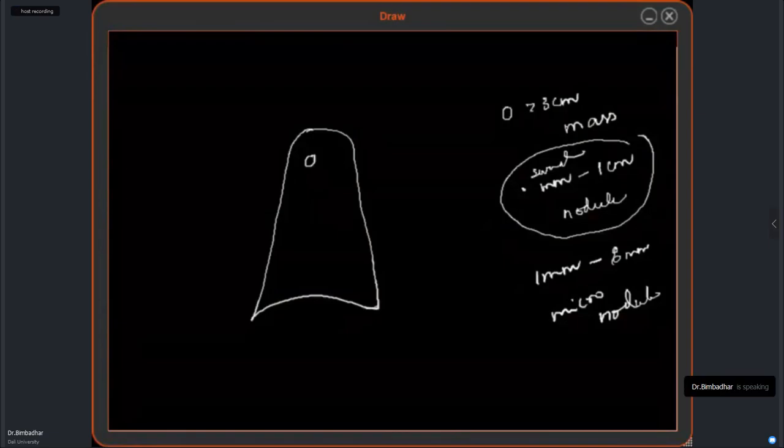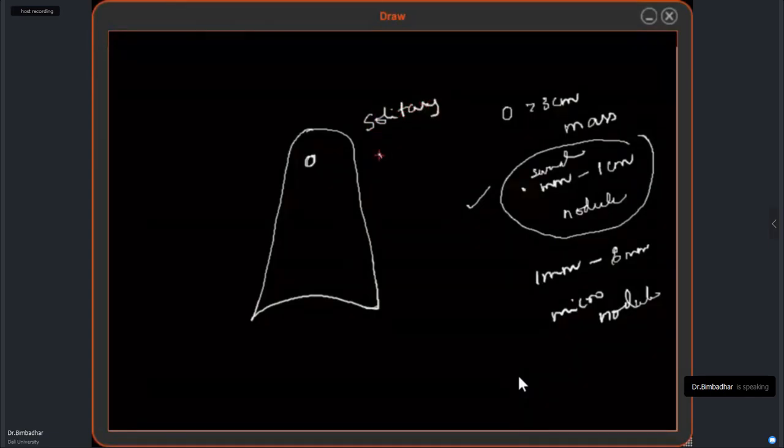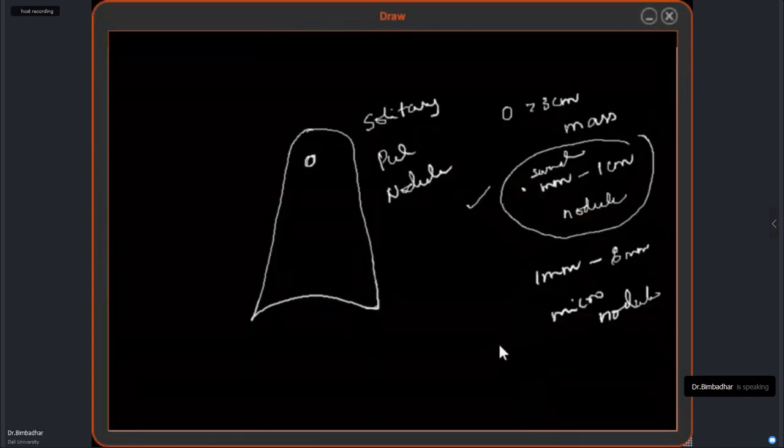You see here now, if this kind of opacity is present as a single one, it is called a solitary pulmonary nodule. Only a single one. SPN is a nodular opacity that is present as a single one.